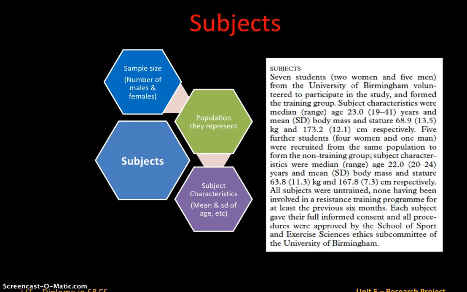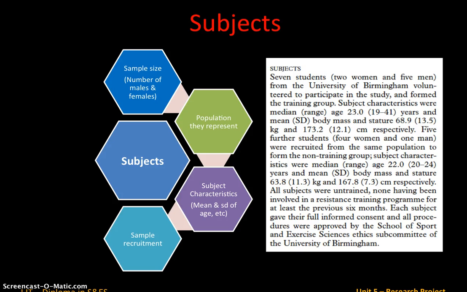We would then specifically need some subject characteristics, and this might mean their ages or the means of their ages and the standard deviations, height, weight, whatever details are appropriate in terms of their anthropometric measures, their physicality.